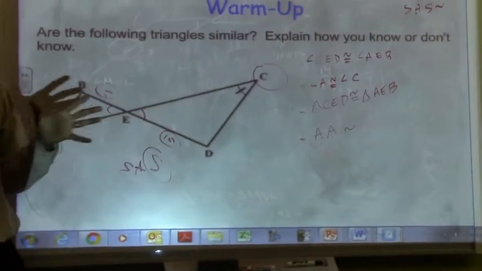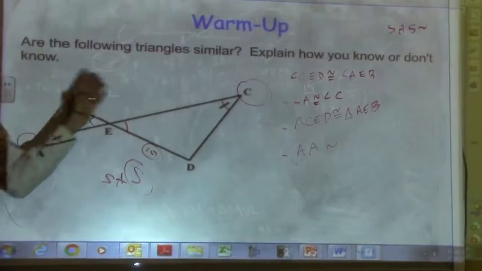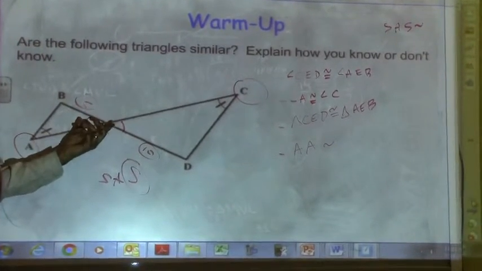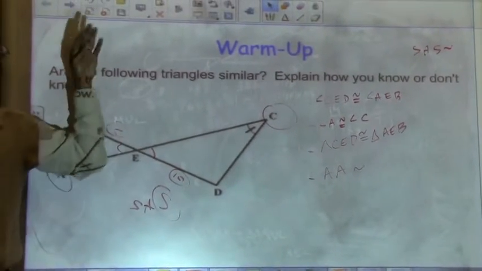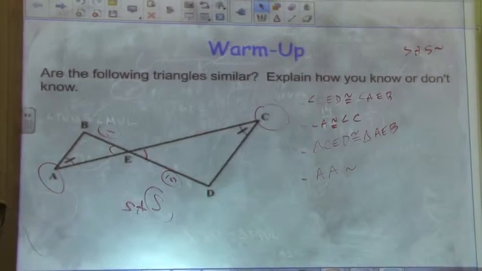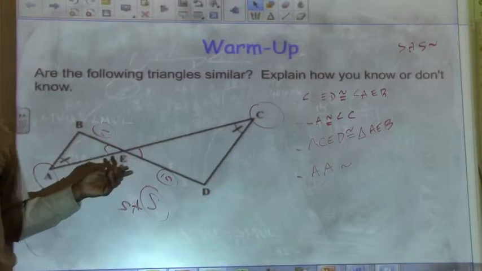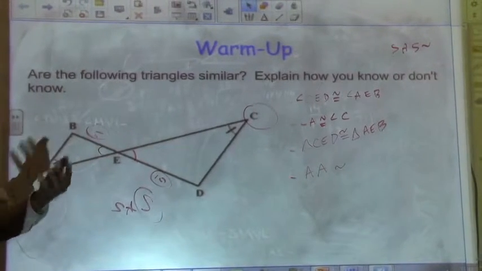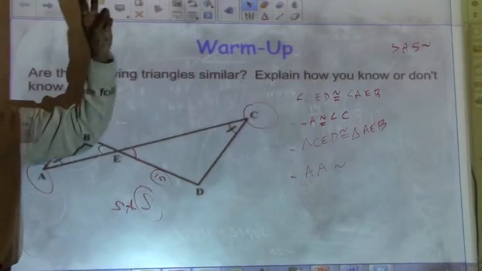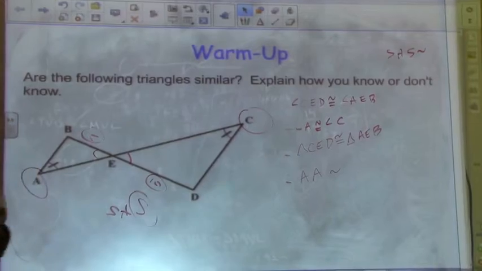They're not there. So between the 2 versions we have, either you give me 4 numbers and I can guess SAS, or you give me anything less than 4 numbers and it's automatically AA. Dang, that is a cool way of knowing that. You don't even have to be smart to know, hey, did they give me 4 numbers? No? Okay, it's AA. Now you gotta prove AA, but you know it's not gonna be that guy. If it's a multiple choice test, those are the only 2. You scratch off SAS and you win.